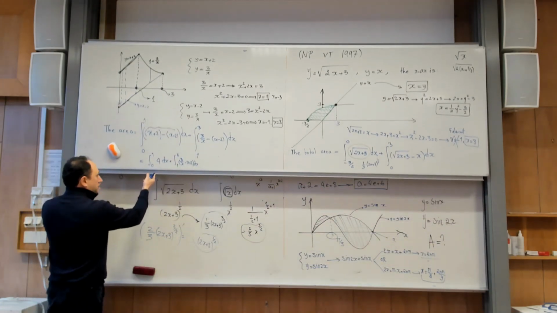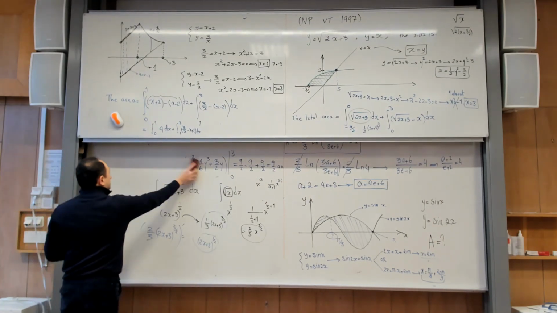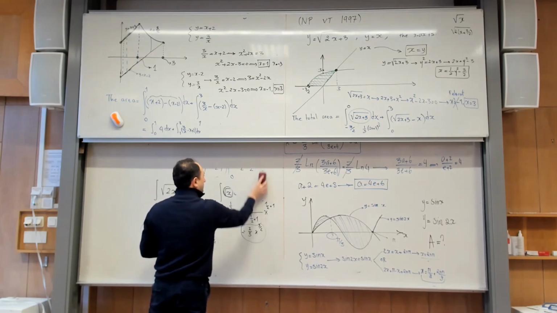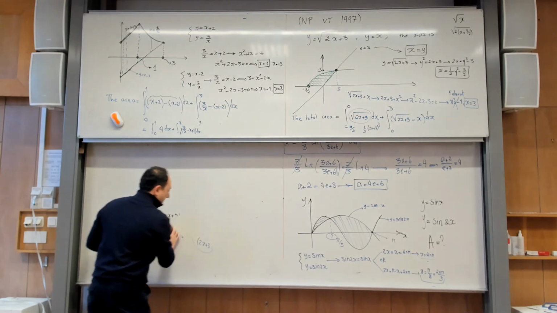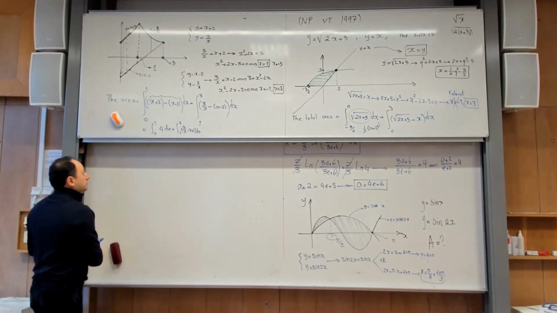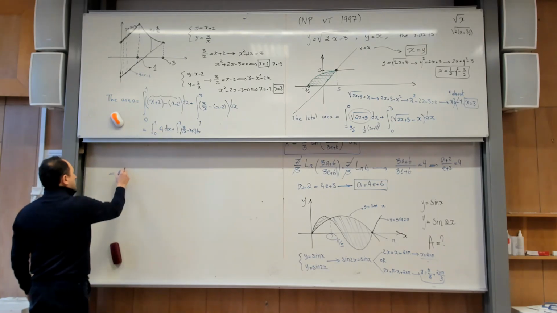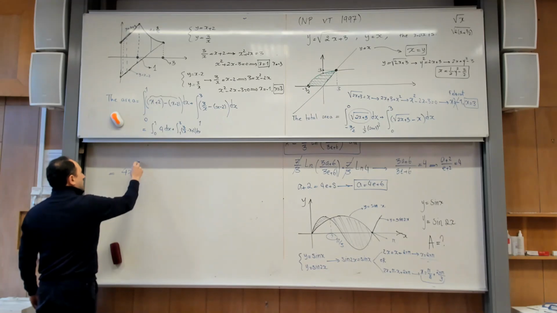I continue here. If I continue, a primitive function for 4 is 4x, but I have to calculate it between 0 and 1.